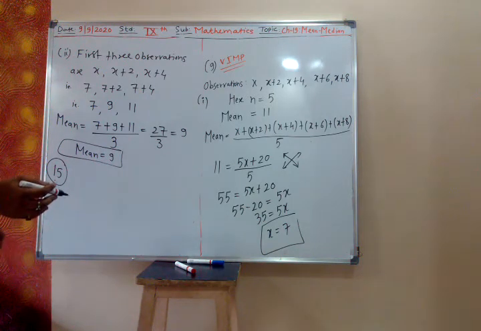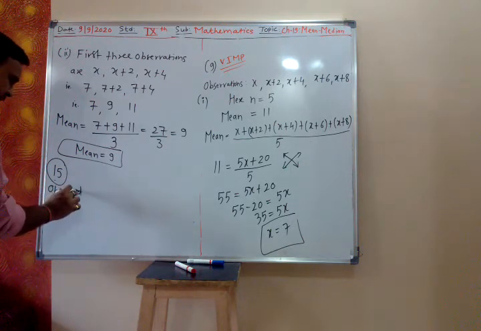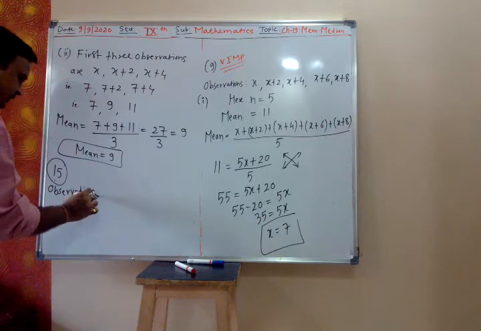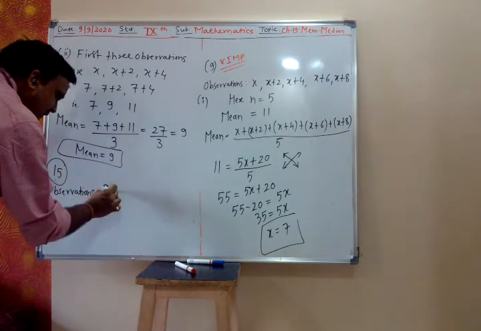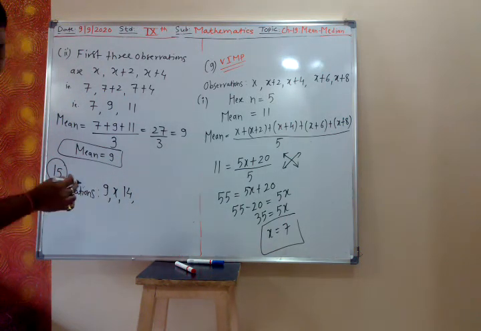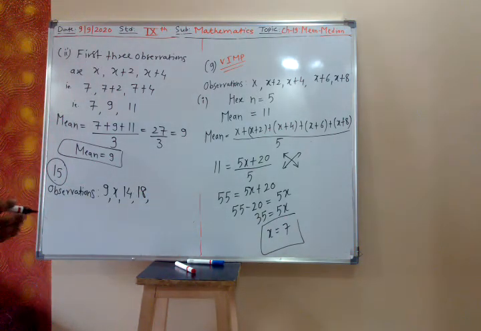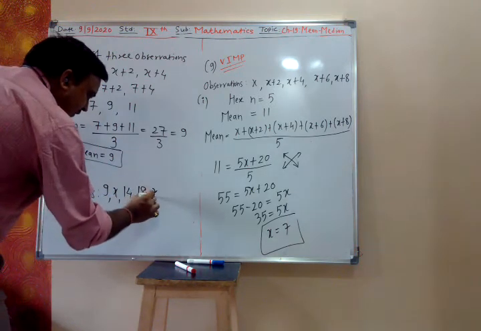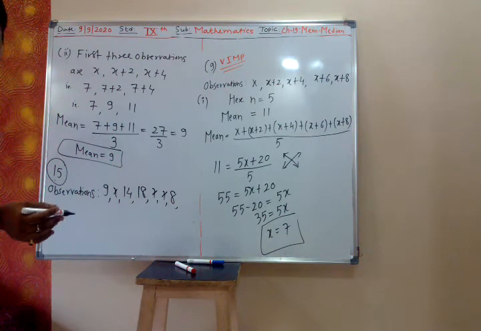Find x. In problem 15 we are given observations: 9, x, 14, 18, x, 8, 10, 4.